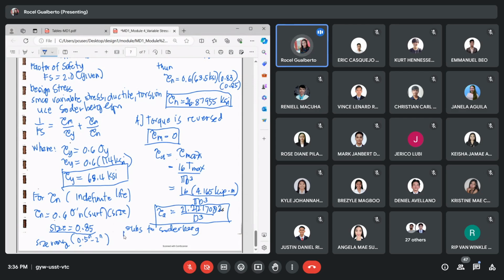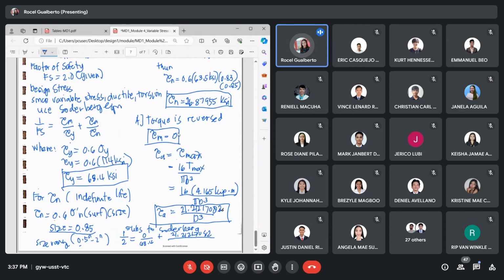So 1 over FS, which is 2, equal to tau m, which is 0, over tau y, 68.4, plus your tau a, that's 21.2121708 over d cube, and then ano yung nasa ilalim?